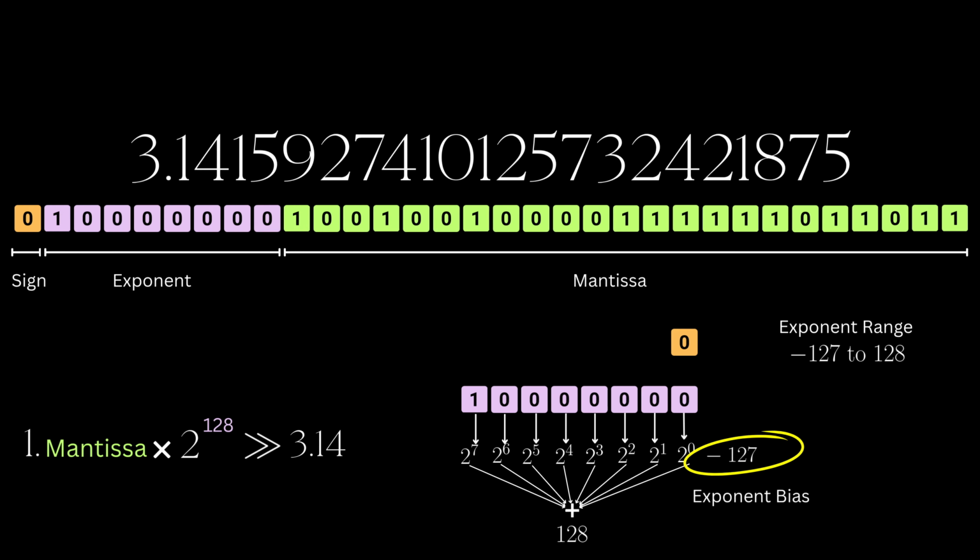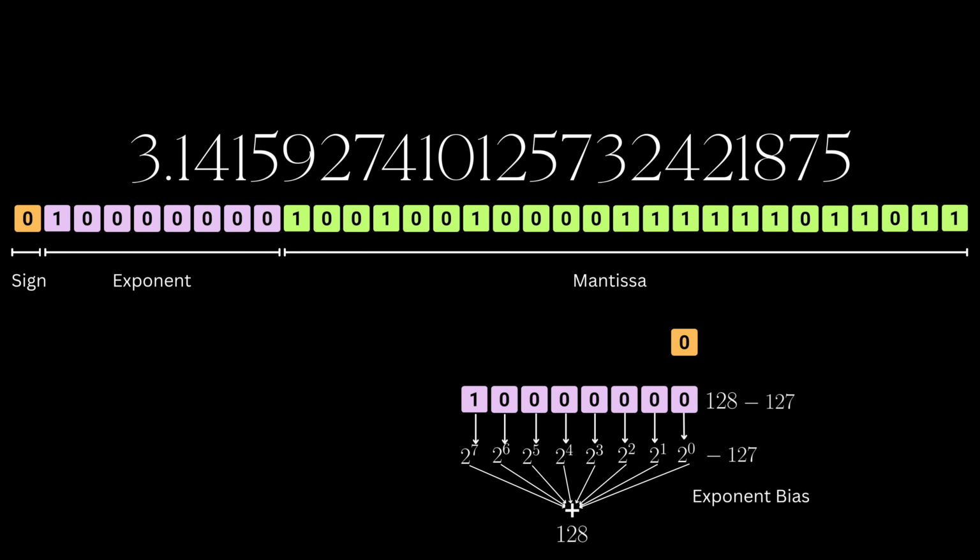In reality, some of these exponent values, like minus 127 and 128, are reserved for special numbers, like 0 and infinity. So our true exponent range for float 32 is from minus 126 to 127. Using the exponent bias of 127, the exponent value for pi comes out to be 1.